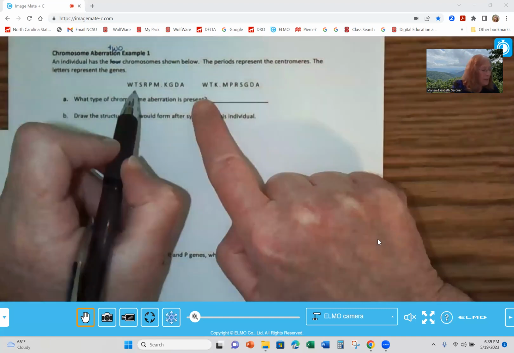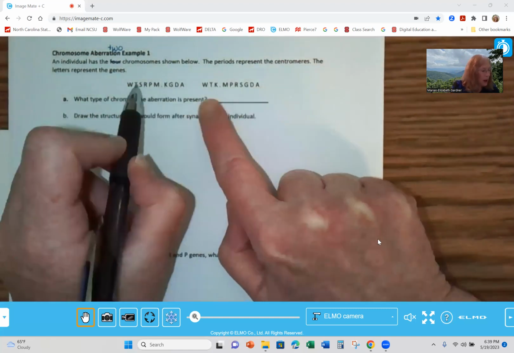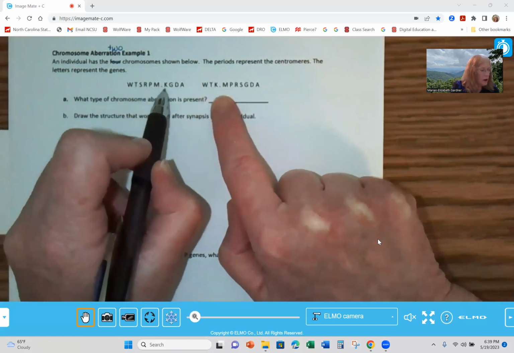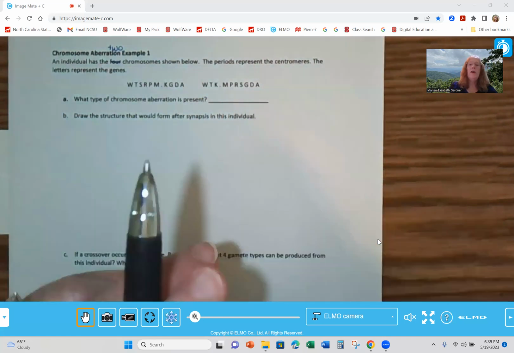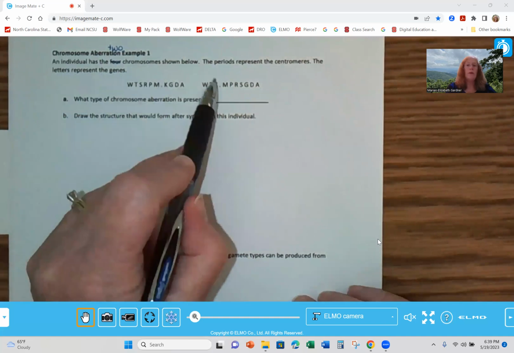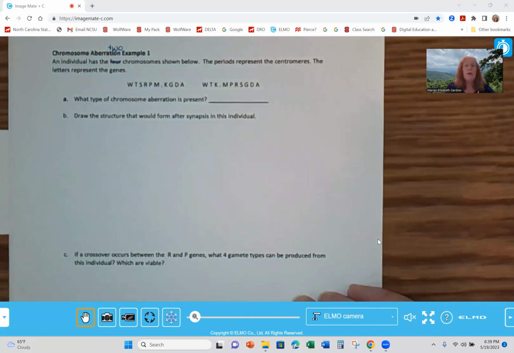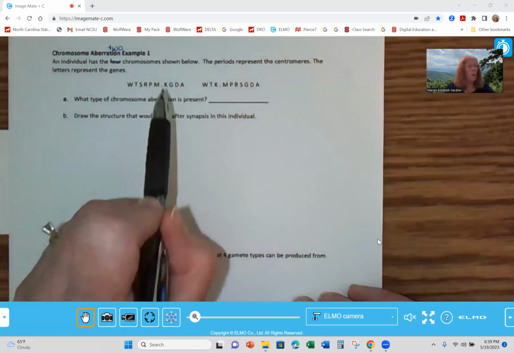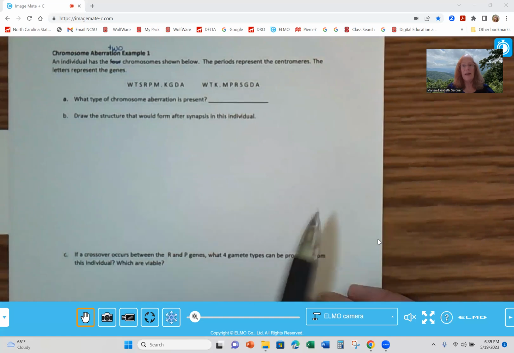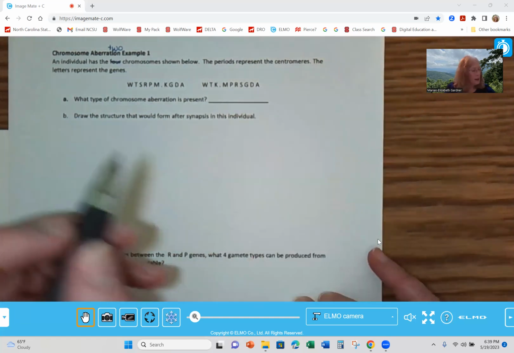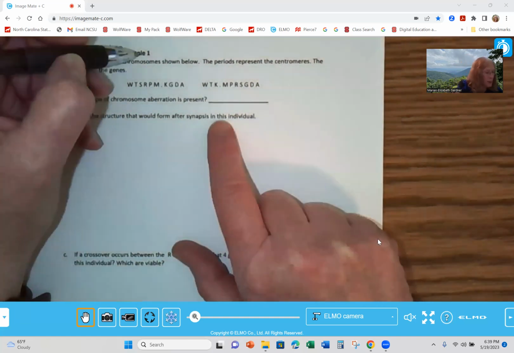If we look at both of these lines, all of the letters are here, and they're here in one copy in both of those chromosomes. So we do not have a duplication where we would have 2 copies of the same letter, and we don't have a deletion where one chromosome would have a letter and the other would be missing it. So let's see if we can look a little bit more closely.